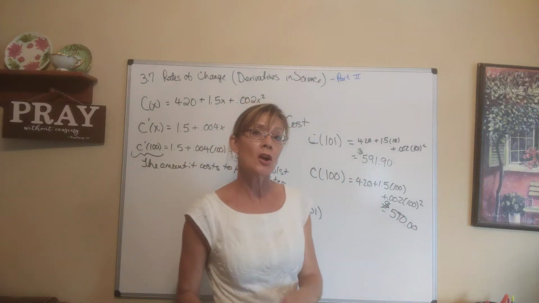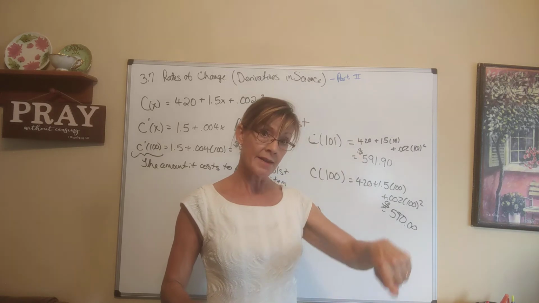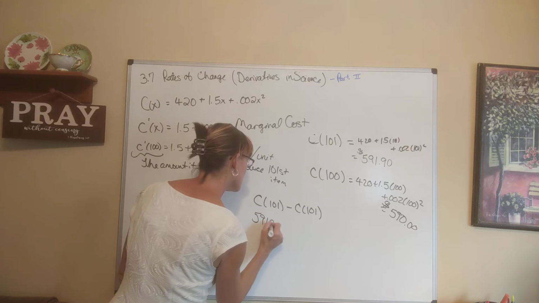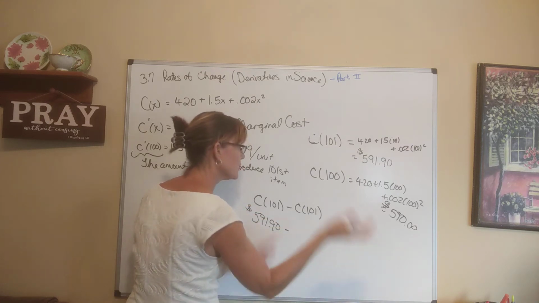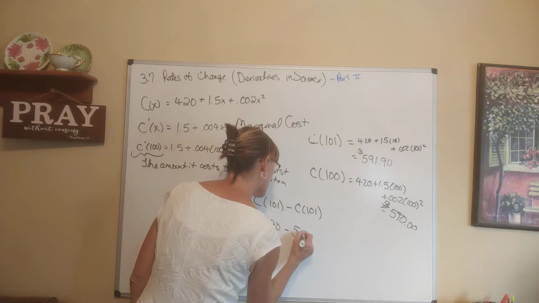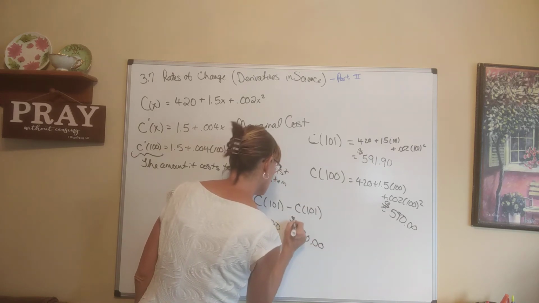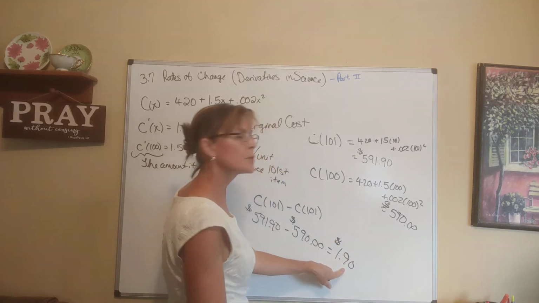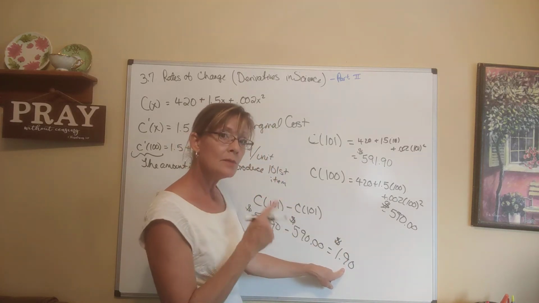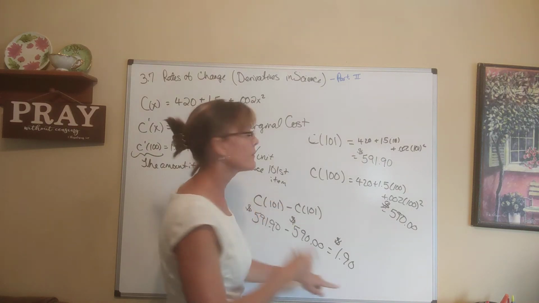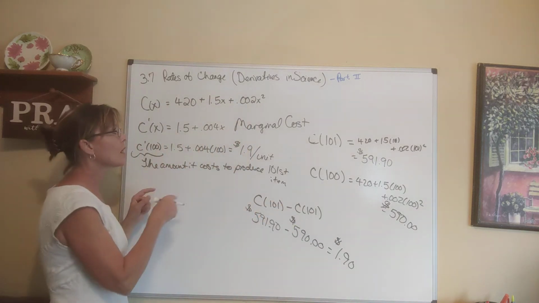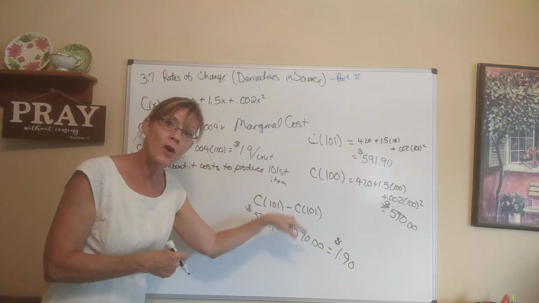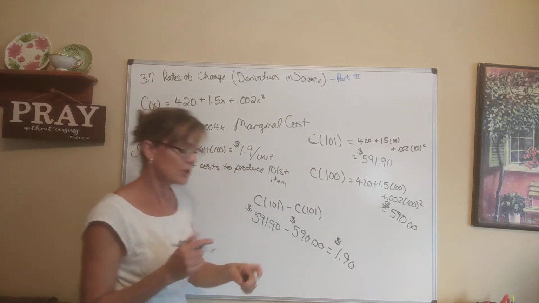So to find out how much it costs just to produce the 101st item, we would take this cost, 591.90, and subtract the cost of producing 100, 590, and we'll find that we get $1.90, which is how much it costs to produce the 101st item. We got that same number by simply taking the derivative and plugging in 100. What marginal cost does is it predicts the amount it will cost to produce the n plus 1 item. Okay, that's an application of the derivative.